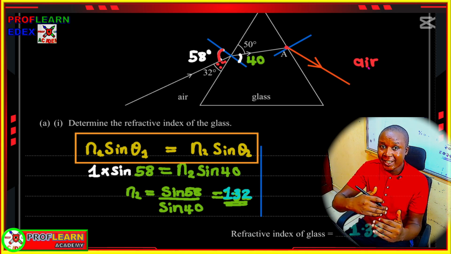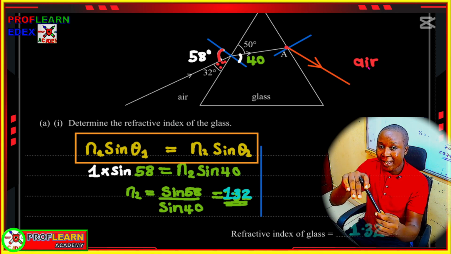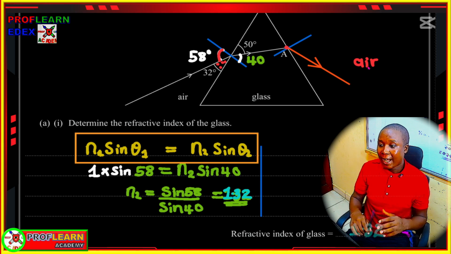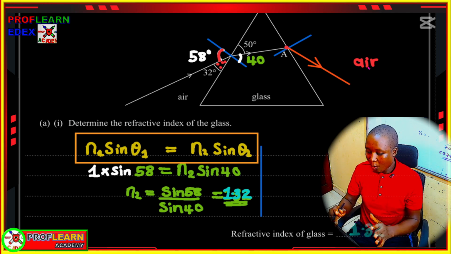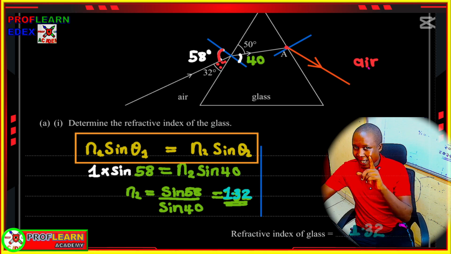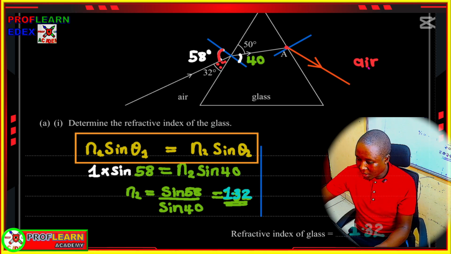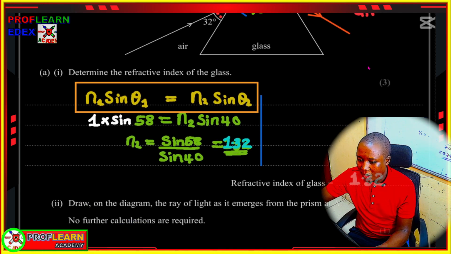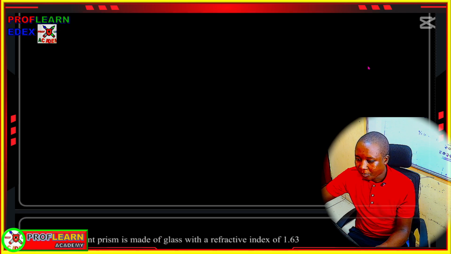It's going to increase speed. Then it is going to bend away from the normal, and then we're going to have our ray traveling like that. Don't forget to indicate an arrow when you are stating rays of light.